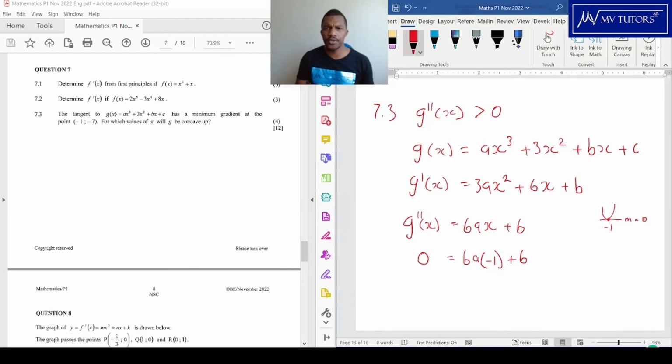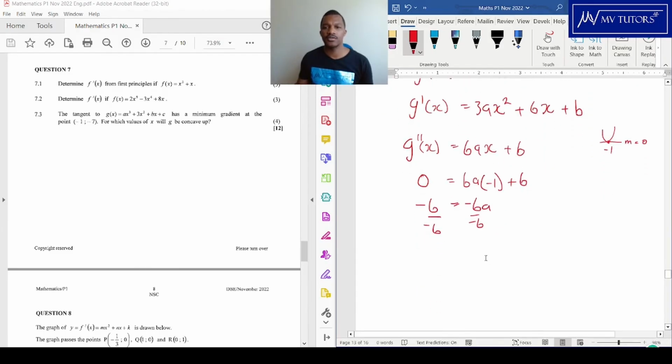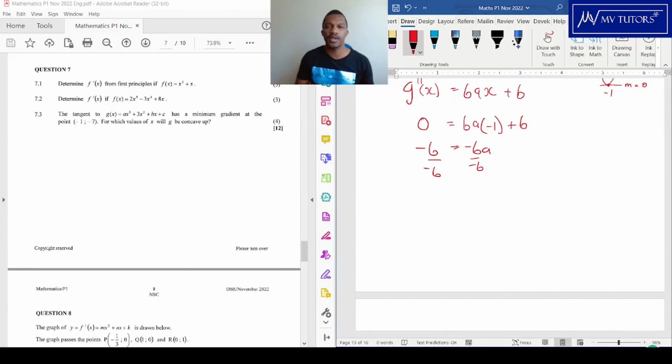Okay, so why did we do that? It was to help us to solve the value of a. So we'll just do gymnastics now. Bring that 6 this side, and then we're left with minus 6a. Divide both sides by minus 6, which means our a value is actually 1.